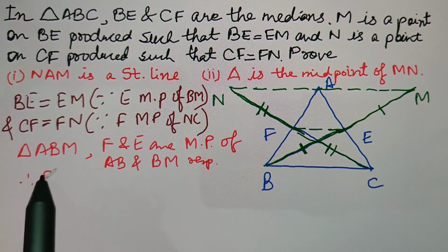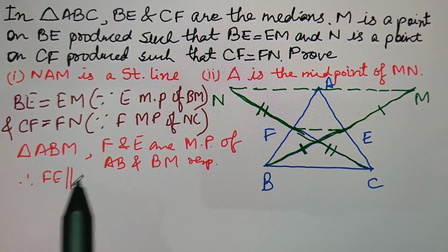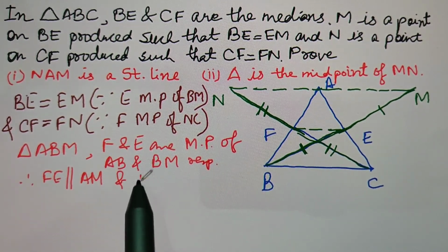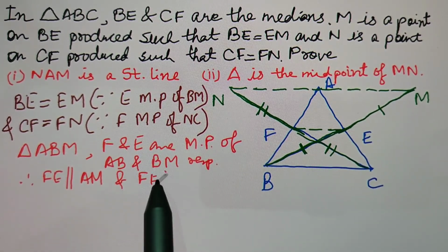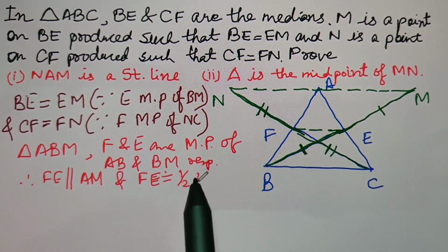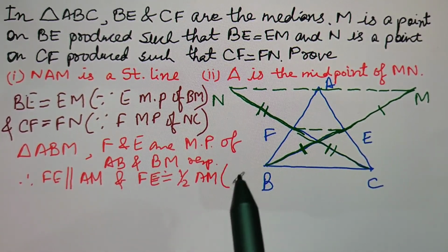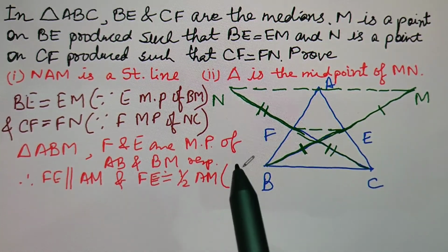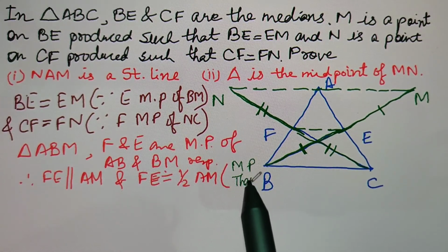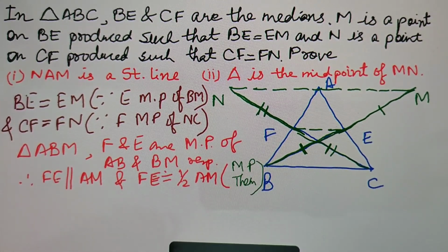Therefore FE becomes parallel to AM, and FE becomes equal to half of AM, and that is by the midpoint theorem.